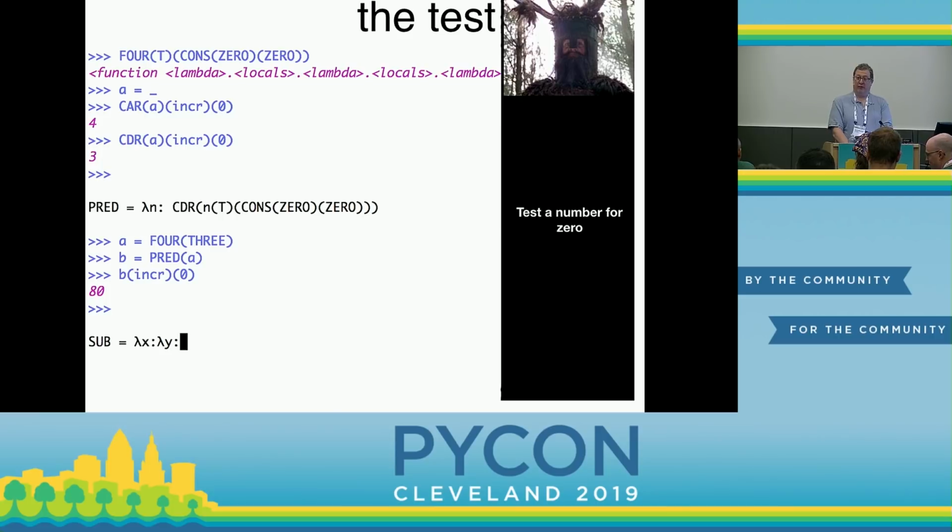Subtraction turns out to be fairly easy. If I want to take 5 and subtract 2 from it, how do you do that? You apply the predecessor function 2 times to 5. So if I wanted to subtract y from x, you would just do y applications of predecessor to x.